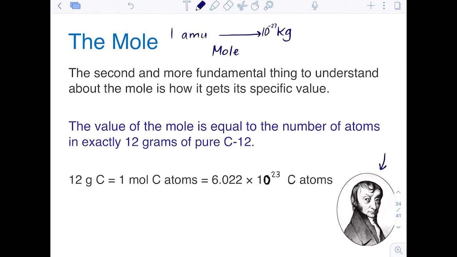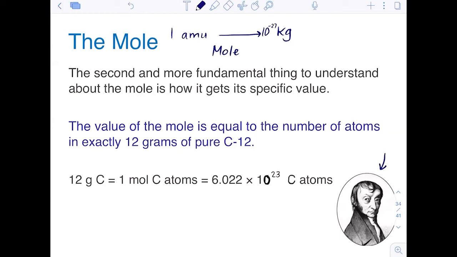And the exact value of the mole is equal to the number of atoms exactly in 12 grams of pure carbon-12. Why carbon? Well, me being an organic chemist, I'm biased to carbon, but think back way back when Avogadro was doing these experimentations with determining the mole. Carbon was readily available.